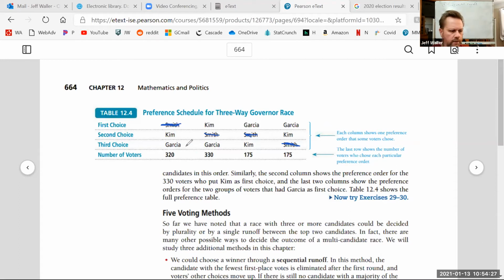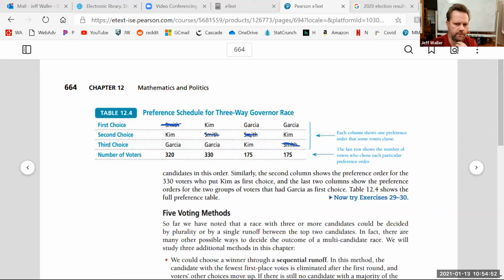Do you guys see that? It captures the same idea as a runoff. It just doesn't have a whole other election because we already caught everybody's second choice and so forth. That's not too bad. It's basically runoff all at once. We just get more information from people.